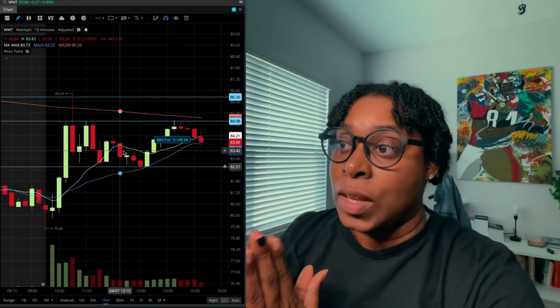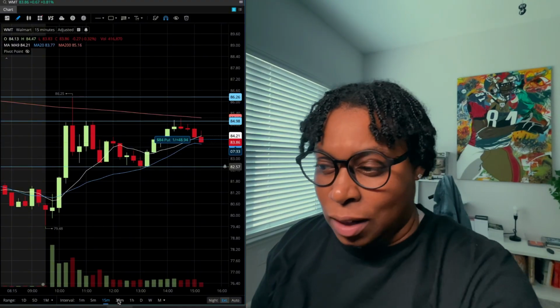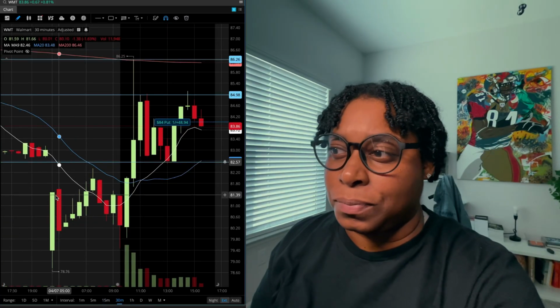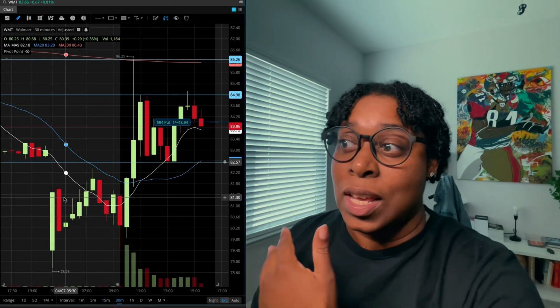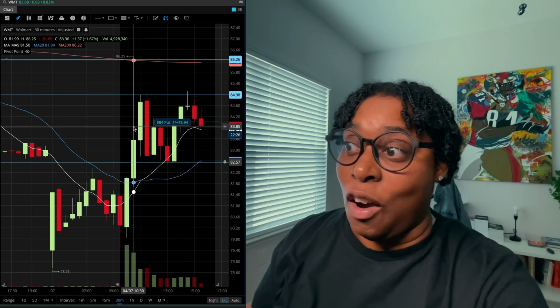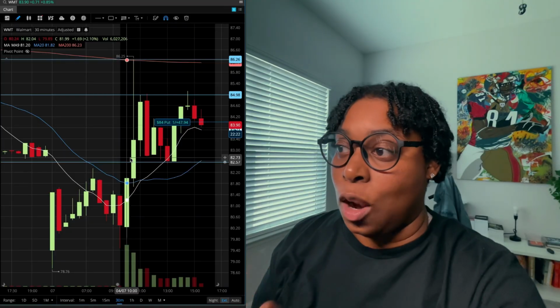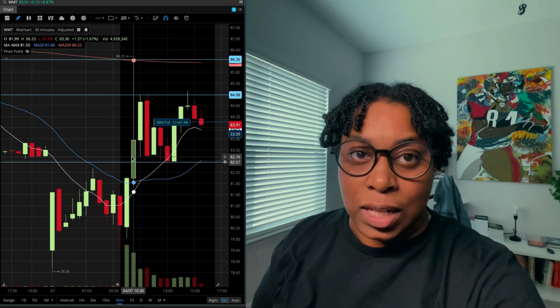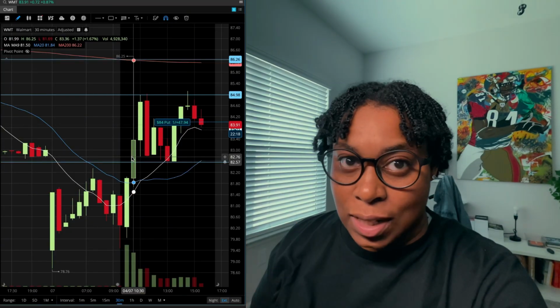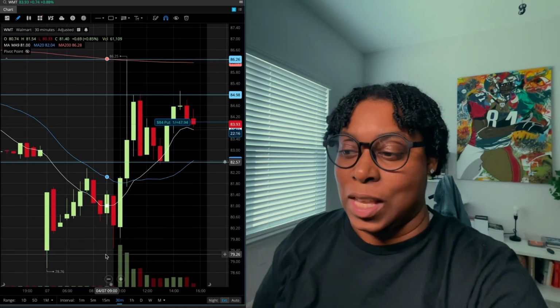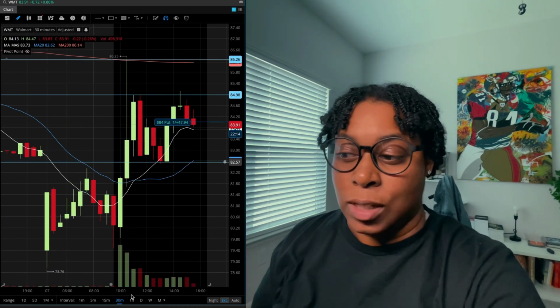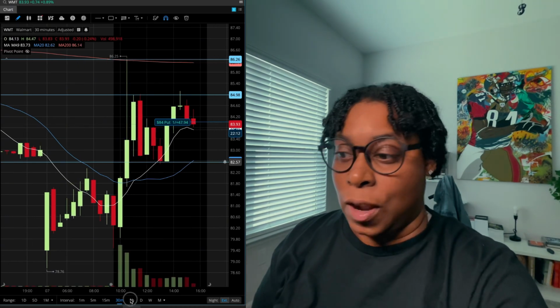Every single candle. Now, when you go to higher time frames, like a 30-minute time frame, each one of these candles equals 30 minutes of movement. So all of this here, it pushed all the way up here and all the way down here. It opened and it closed. All of this represents 30 minutes. That's just what it means when you pick different time frames. And you can pick any time frame that you want.